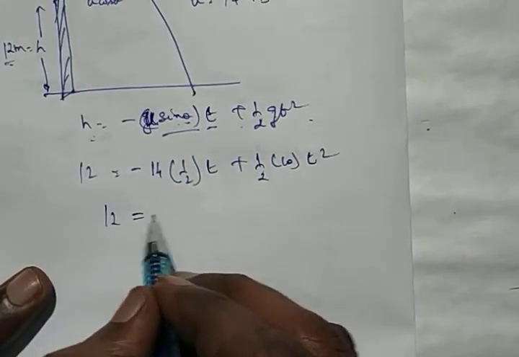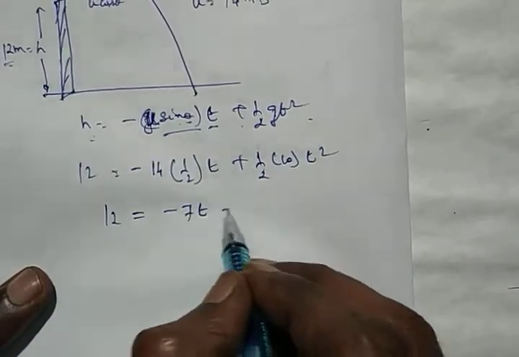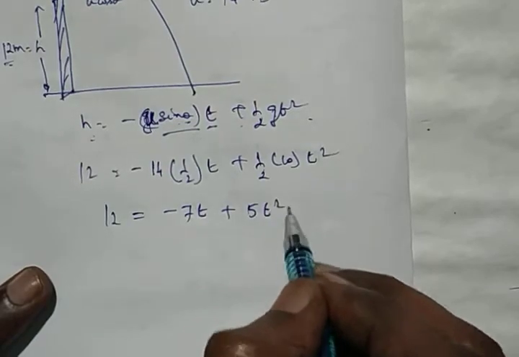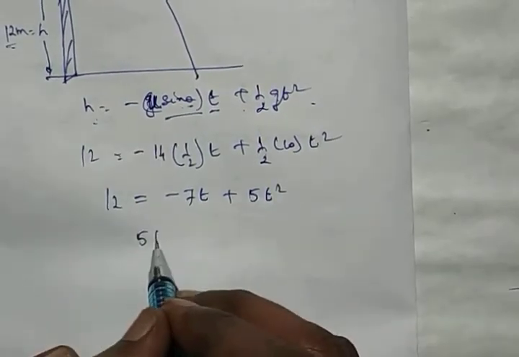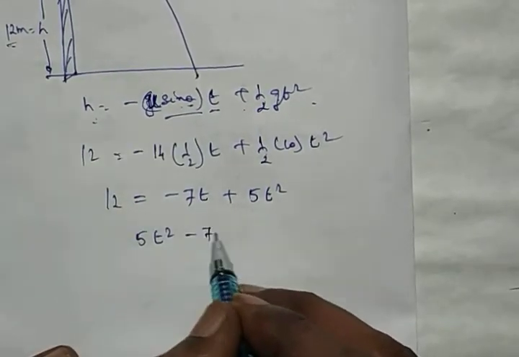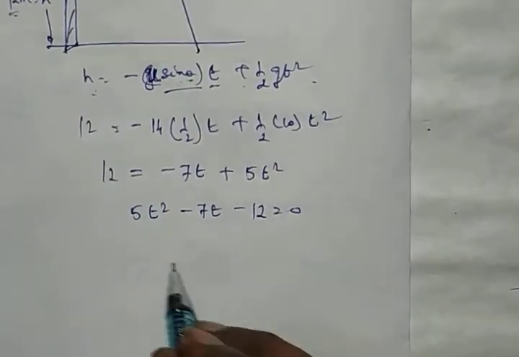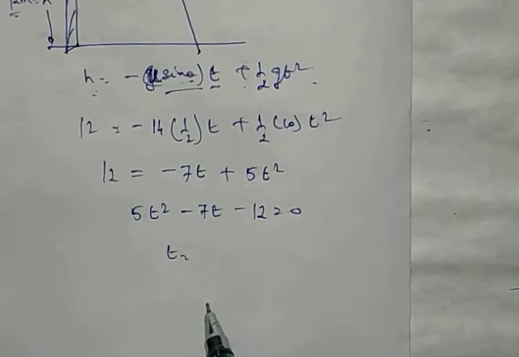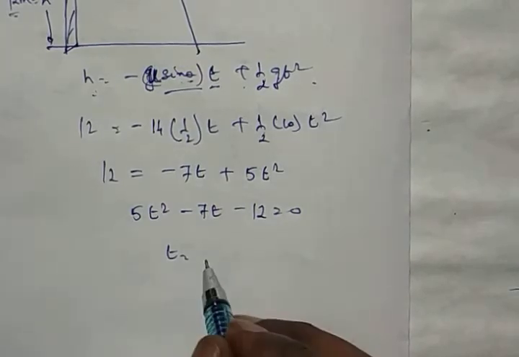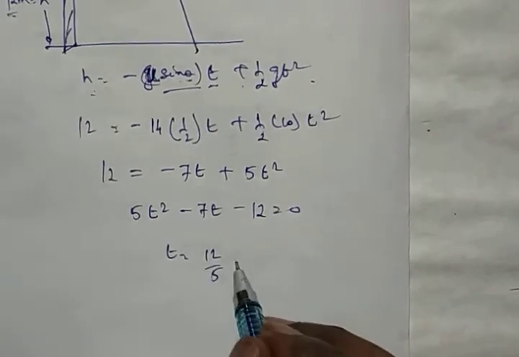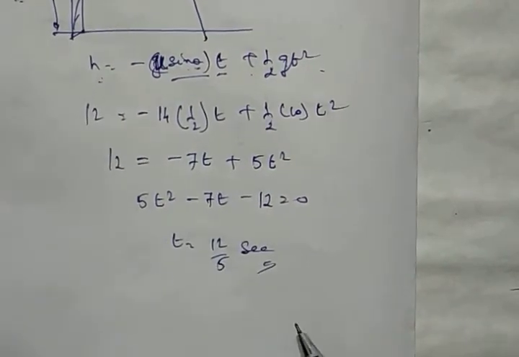So 12 is equal to minus 7t plus 5t square. So 5t square minus 7t minus 12 is equal to 0. Do the quadratic and you will get t. The final value of t you will get here is 12 by 5 seconds.